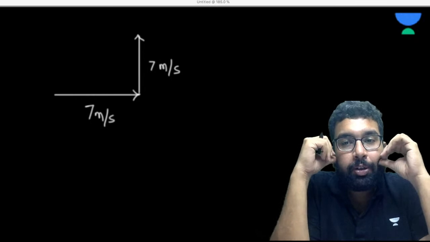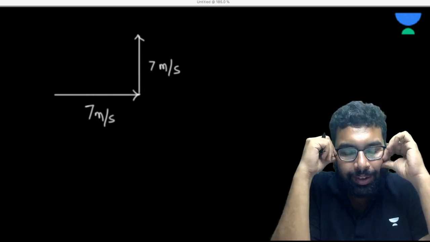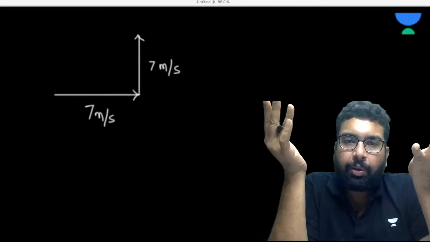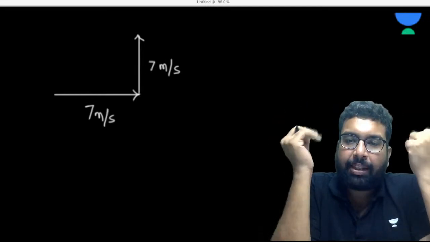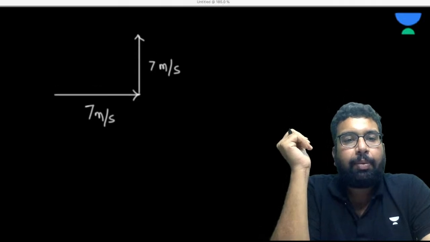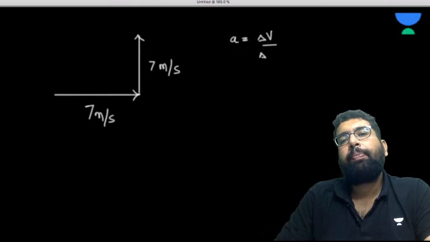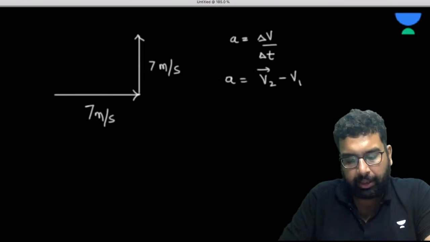But magnitude is not changing. So, sir, even though magnitude is not changing, it will have some acceleration. Why, sir? Because see, acceleration is change in velocity upon change in time. So acceleration is going to be change in velocity, final minus initial.